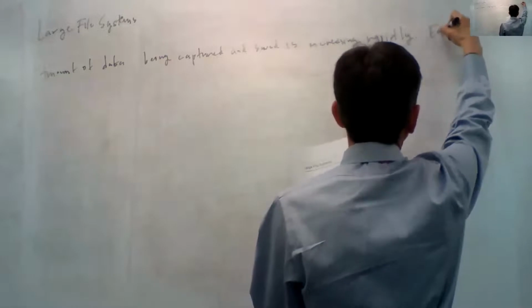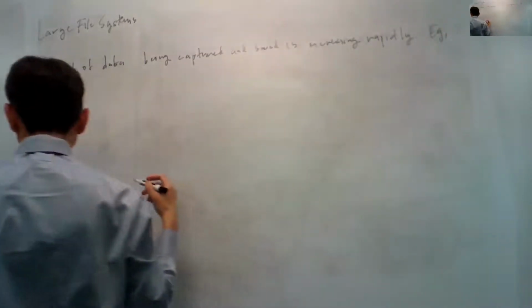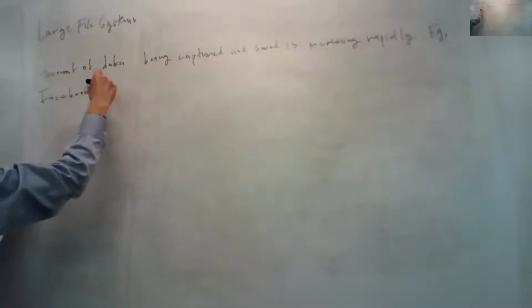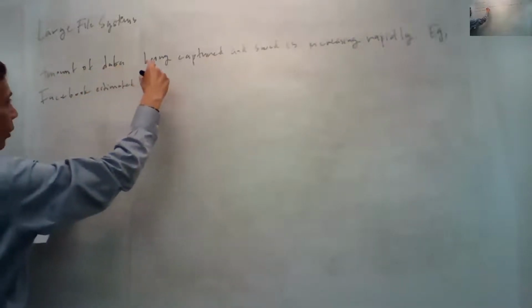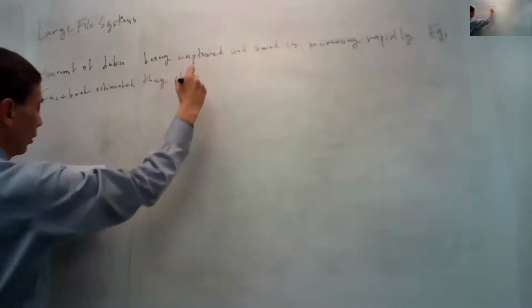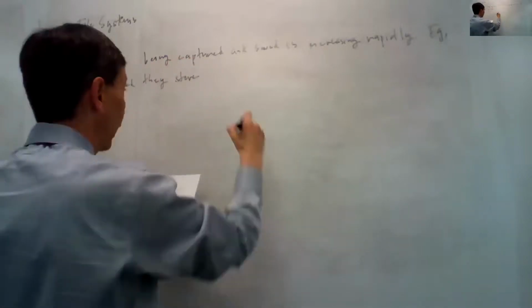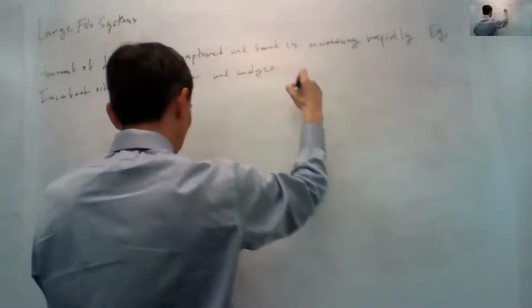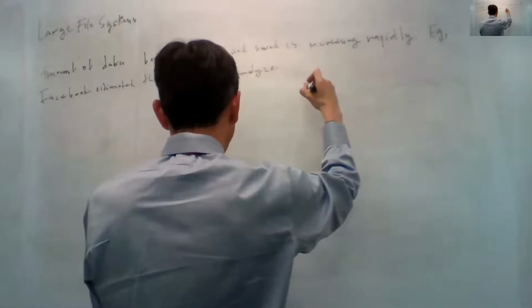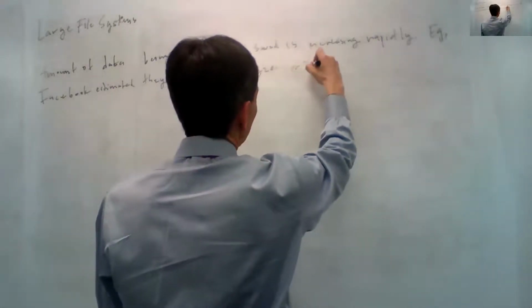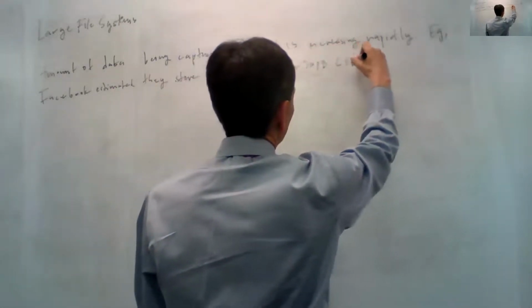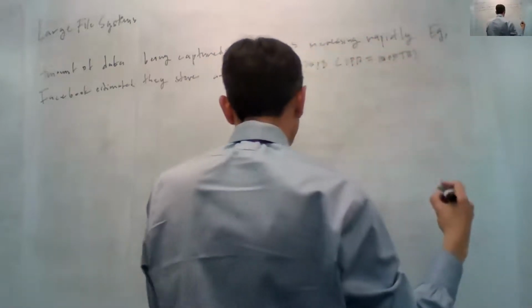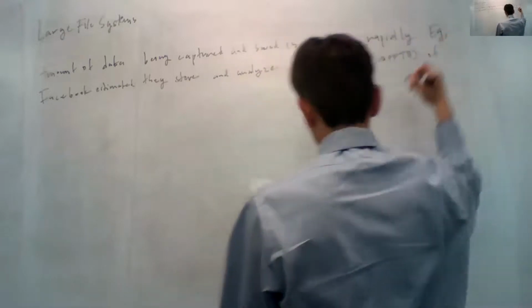An example is that Facebook estimated they store and analyze approximately 30 petabytes, where 1 petabyte is 1,000 terabytes, of user-generated data.